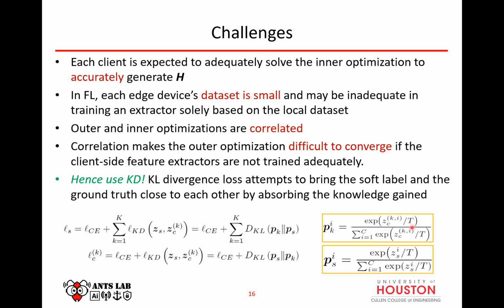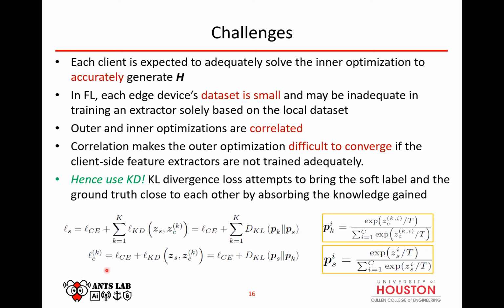And T is a temperature hyperparameter, which is the softmax temperature, which determines how soft your labels are, how soft your distribution is. So the intention is to minimize the distance between the two, and we use that as the KL divergence loss in combination with the normal cross entropy loss. This combination becomes the loss value on the server side that it tries to minimize.